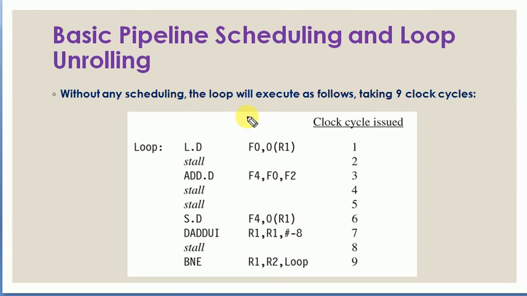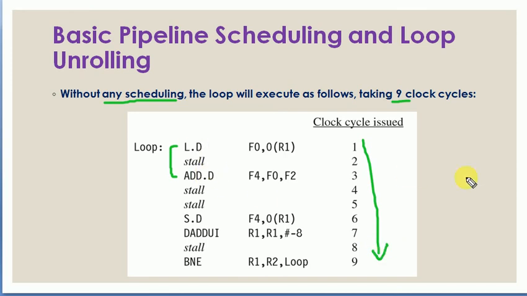Now, without any scheduling, if they are executed in the normal way, what will happen? The loop executes as follows, which takes 9 clock cycles. These are clock cycles starting from 1.